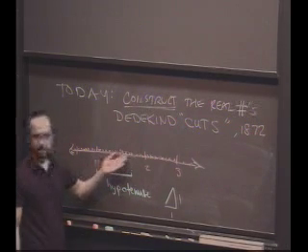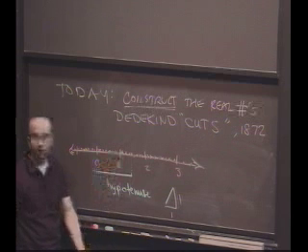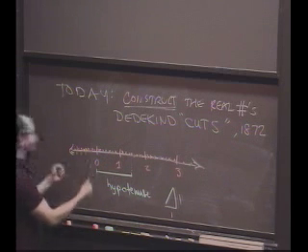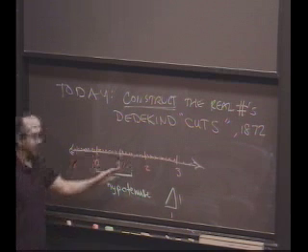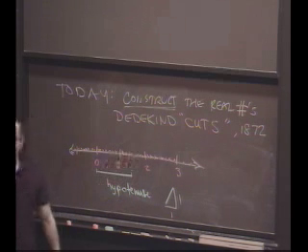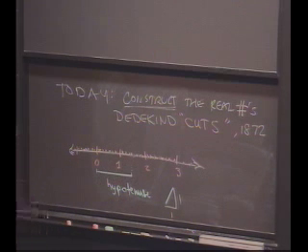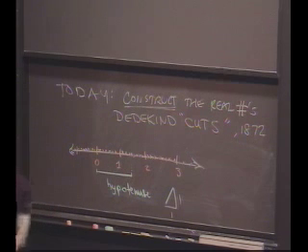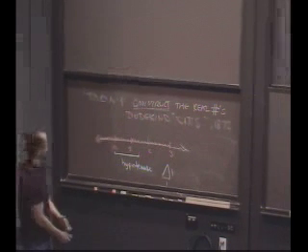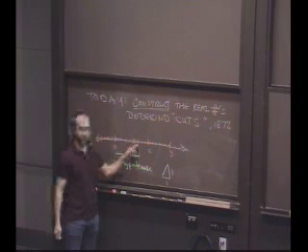What does it mean to fill in this line? I don't even know where the holes are, right? So how will I get at the fact that I have some gaps here without talking about the gaps? Do you see the problem here? That's the question. There are a few ways to do this, but that's the question. So, any ideas? How might I get at the fact that there's a gap here?